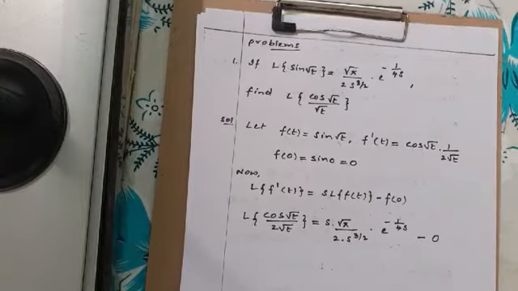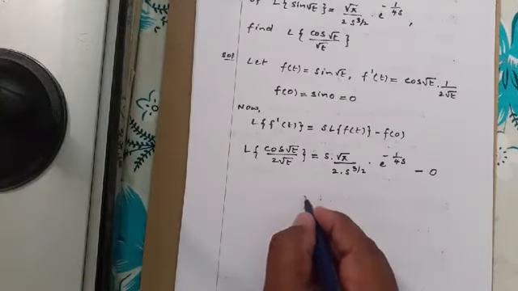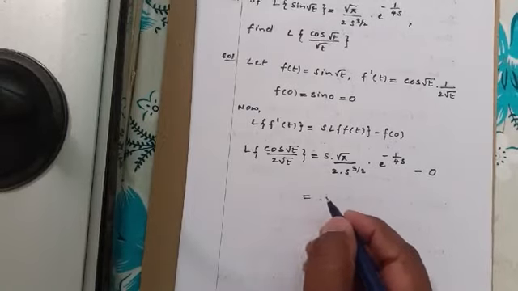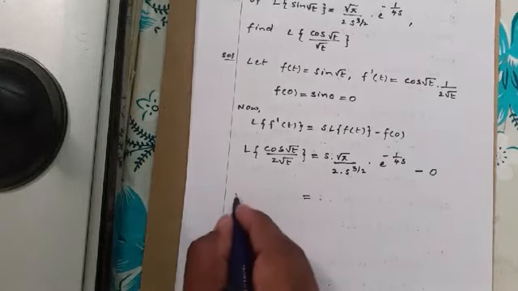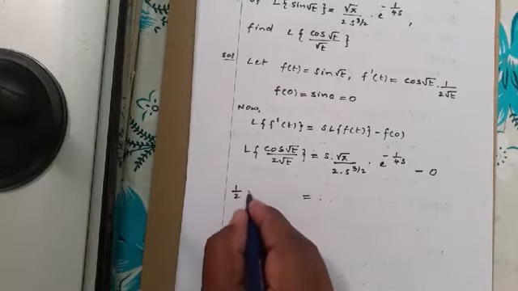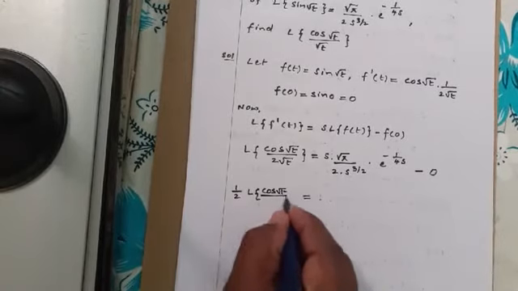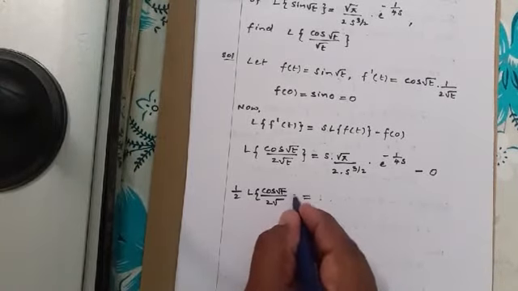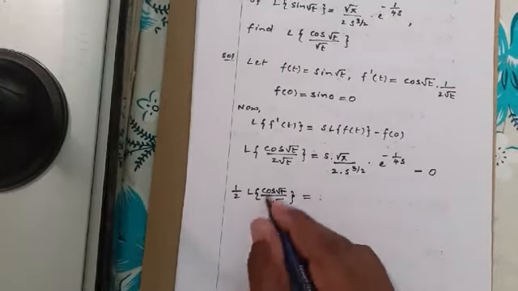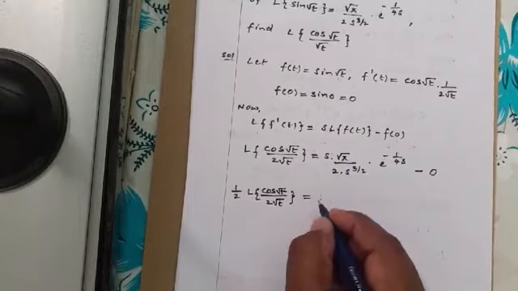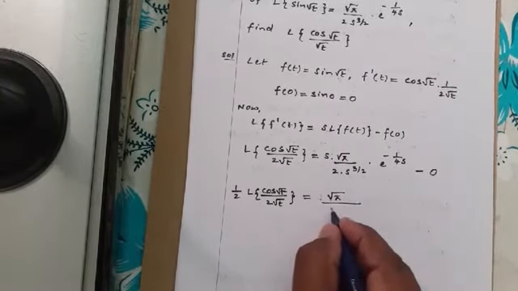Now we have substituted in the formula, then we simplify this one. When you simplify, I take 1 by 2 outside, so this becomes 1 upon 2 Laplace of cos root t upon 2 root t. Now I take the numerator s to the denominator here.